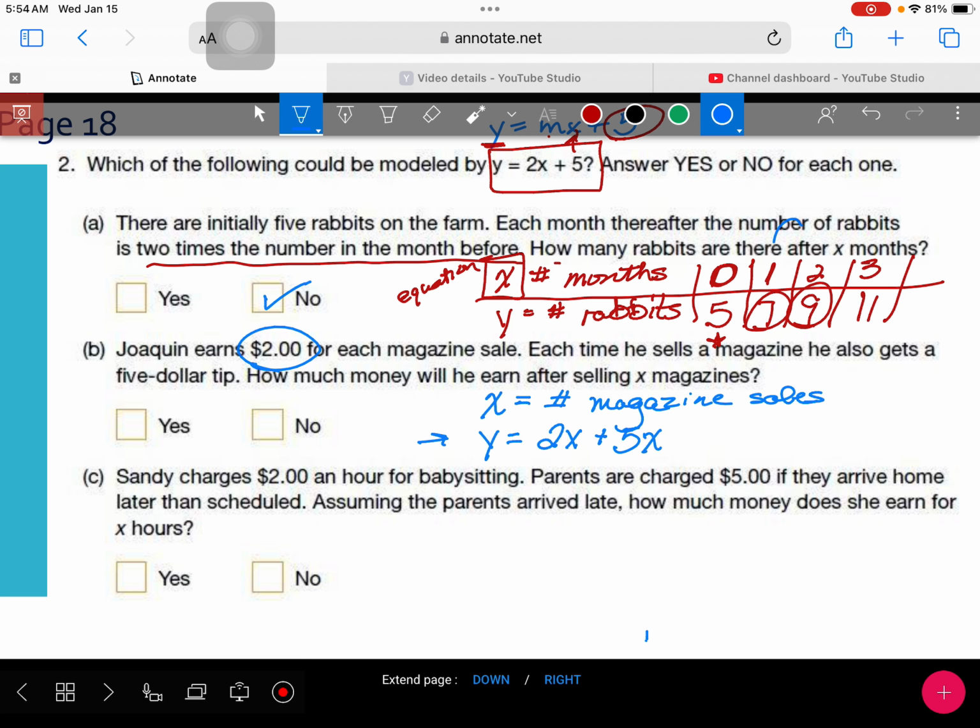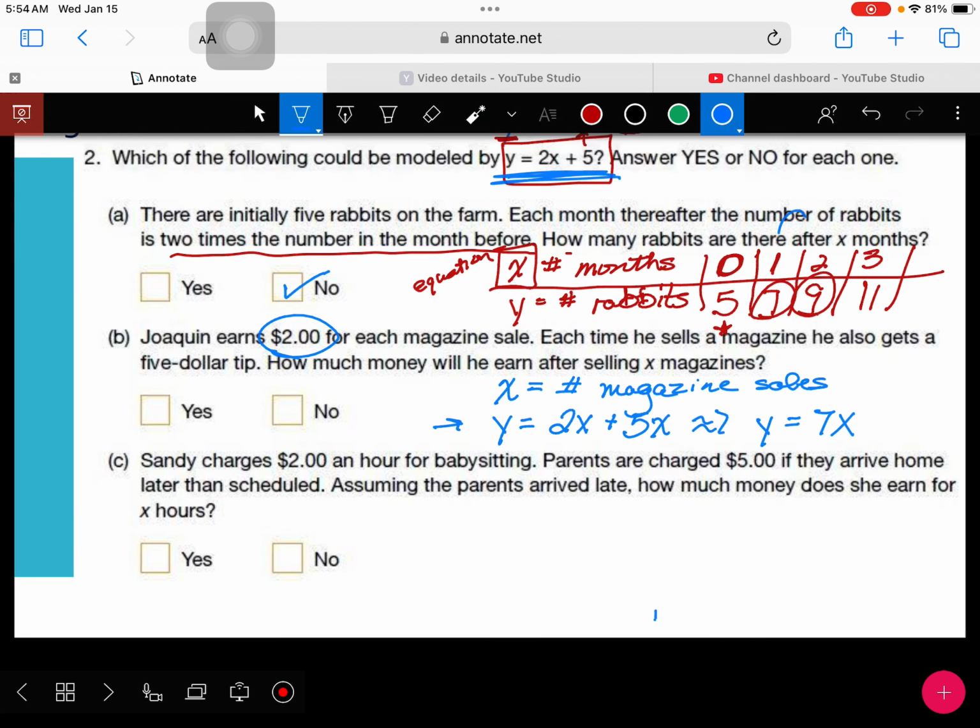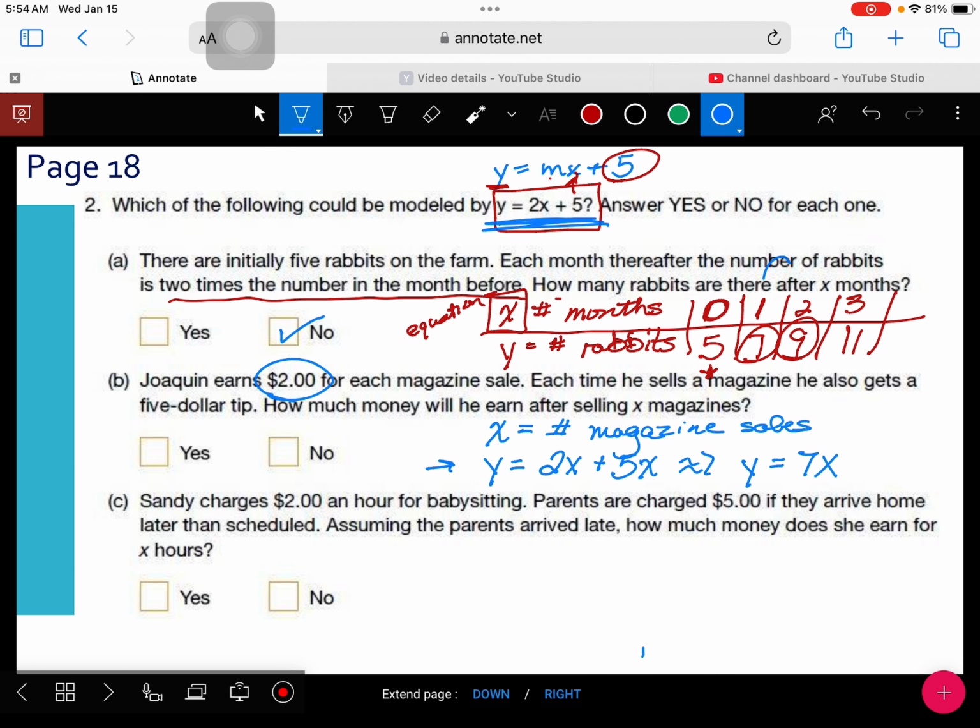If X is the number of magazine sales, 2X plus 5X would be that Y is equal to 7X. And that also does not seem to follow along with this linear equation. That would imply a one-time $5 bonus, not $5 for each of the number of magazine sales that he sold. So that is a big no.